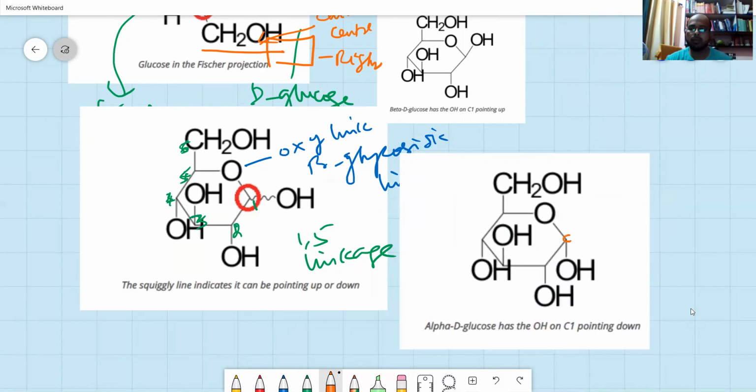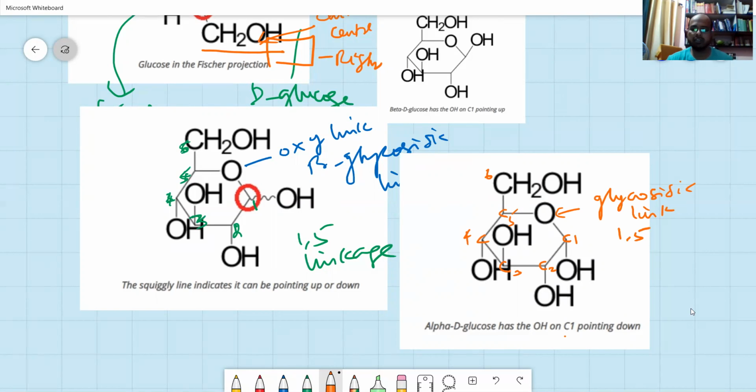Carbon 1, carbon 2, carbon 3, carbon 4, carbon 5 and carbon 6. And this is the glycosidic linkage, 1,5 linkage.